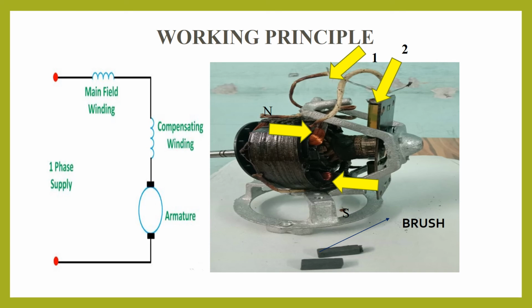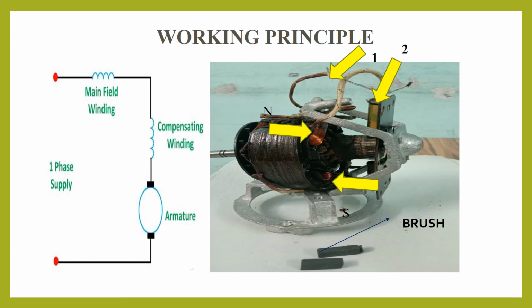So when it is connected in series with the commutator, there is a flow of current in the armature. That is the symbol shown here too. When the supply is given, north pole and south pole are created. That is the creation of the magnetic field. The same current flows through the armature.